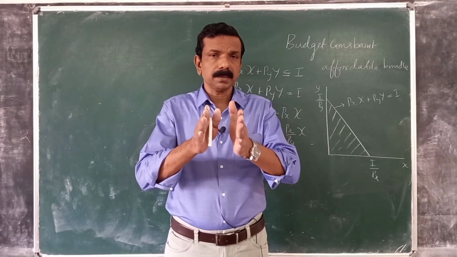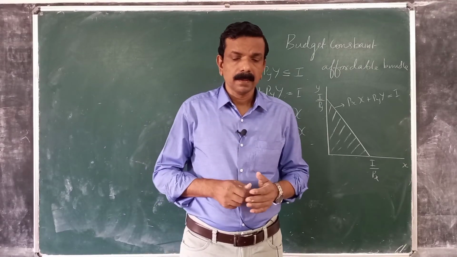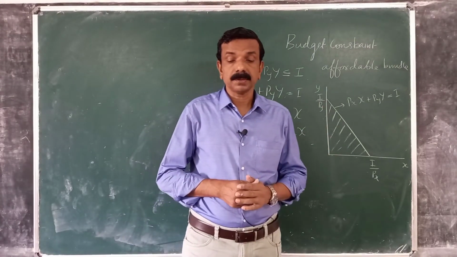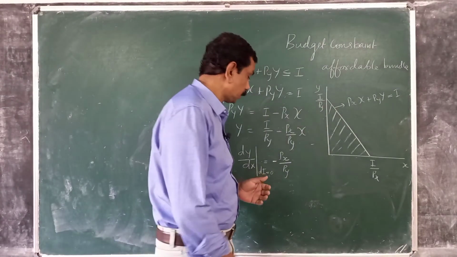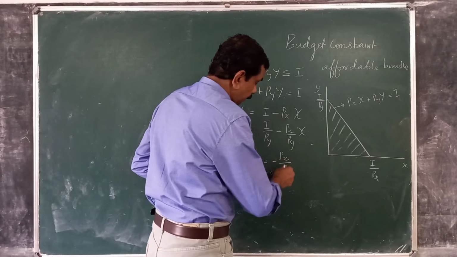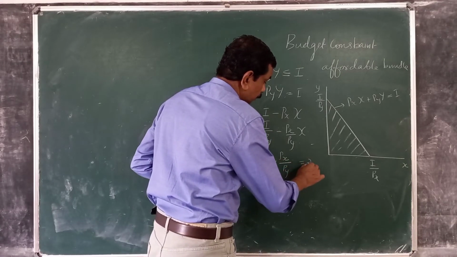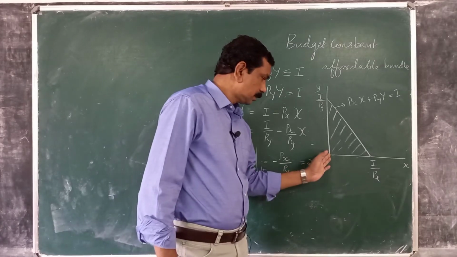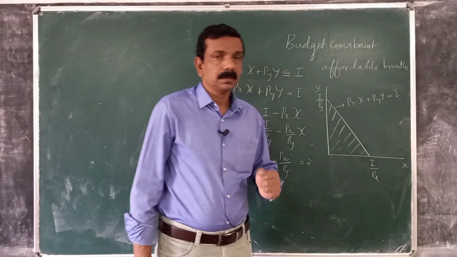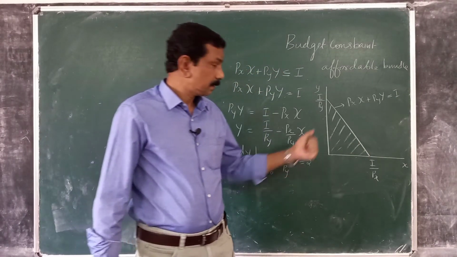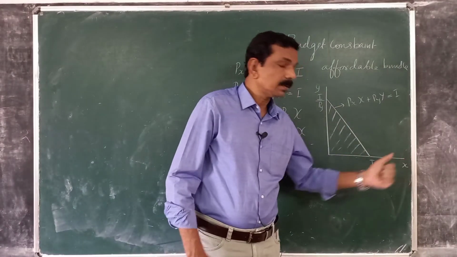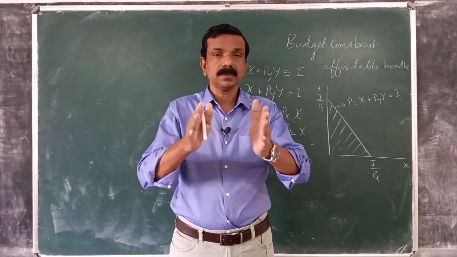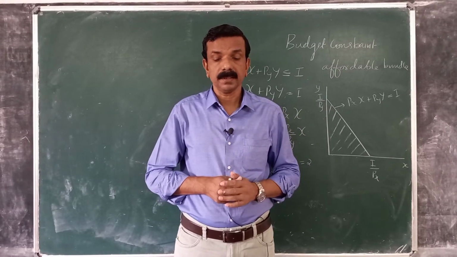That is, the slope is defined as the rate at which the market is willing to substitute x for y. For example, suppose that px by py is equal to 2. It means that you have to substitute 2 units of y for getting 1 more unit of x.